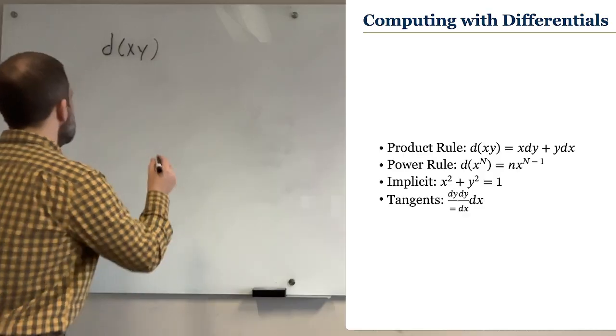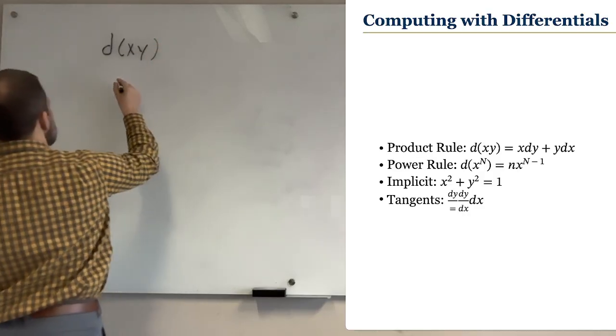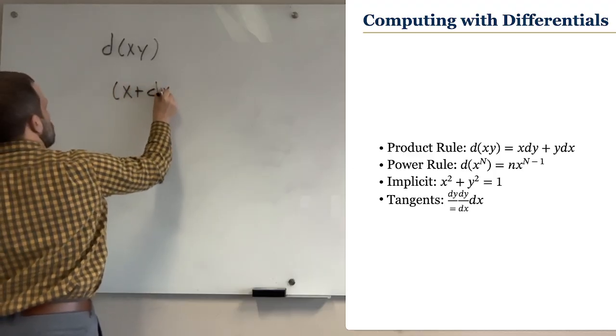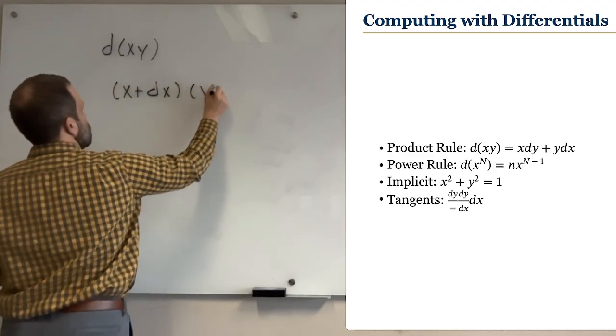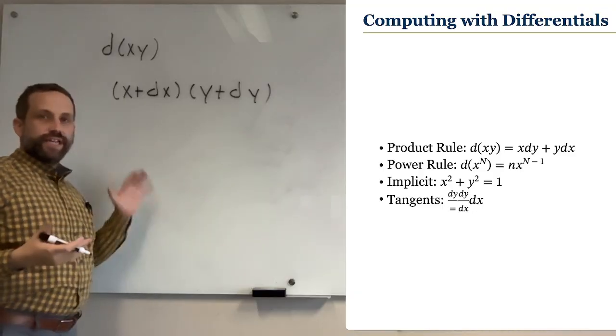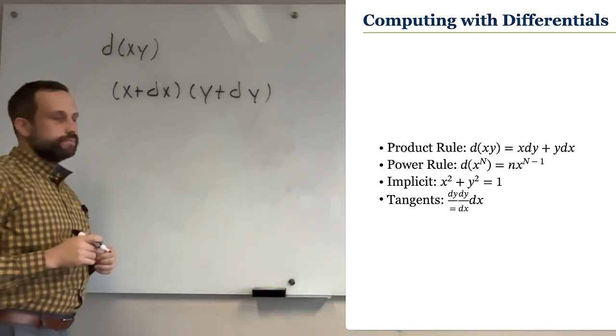Anyways, so for dxy, what we're going to do is take x plus dx times y plus dy. This is just the change in x times the change in y.